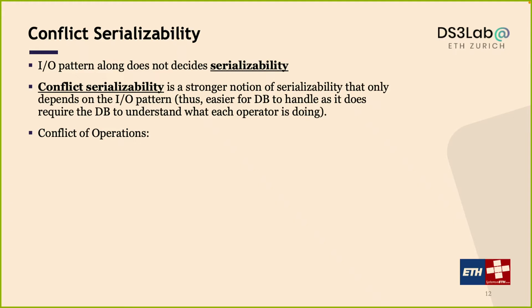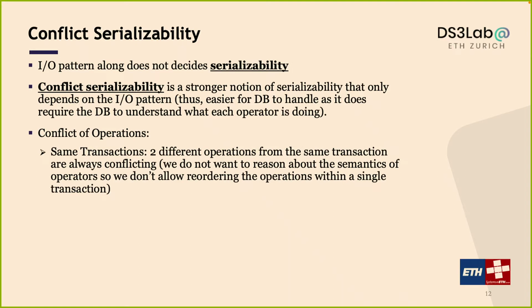So essentially, we can define 3 different types of conflicts. First one, if you talk about a pair of operations within each transaction, they're always conflicting with each other in the sense that you cannot swap their order. That's how we think about it. If you have a pair of operations, and you can swap their execution order, then we say they are not conflicting with each other. When you have the same transaction, take 2 operations, you cannot swap the order.